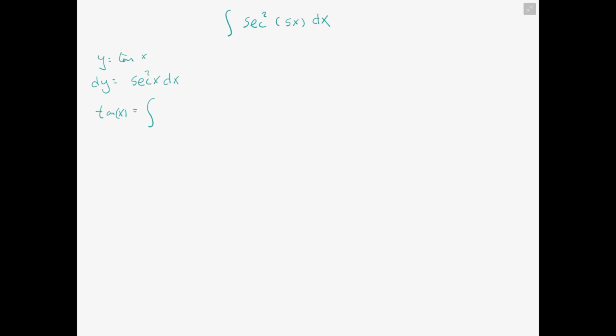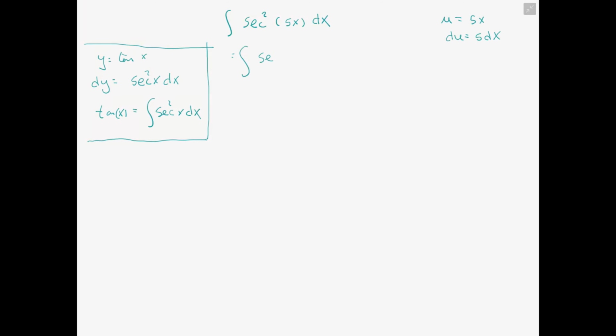And so we'll just keep that as a side note. And we do a substitution. We go u equals 5x and du equals 5 dx.